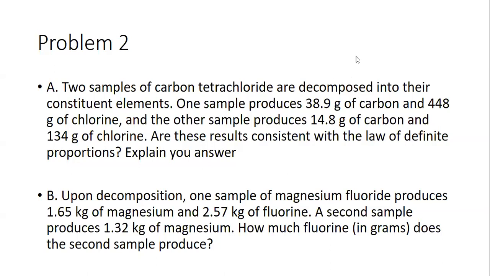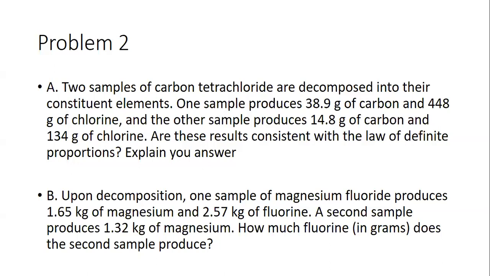Okay, so let's take a look at our example problems here. We have 2 samples of carbon tetrachloride, and we break those down into carbon and chlorine. 1 sample will give you 38.9 grams of carbon and 448 grams of chlorine.